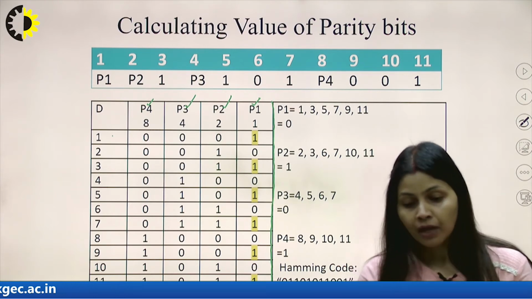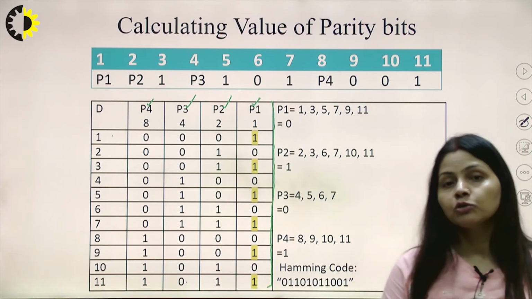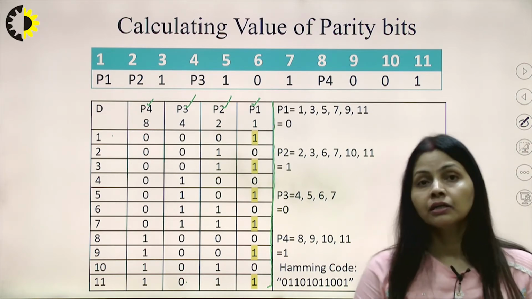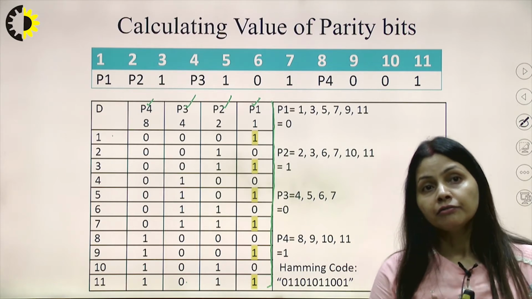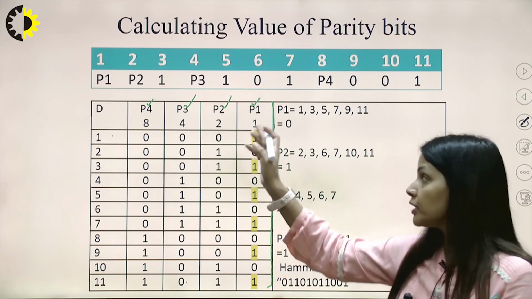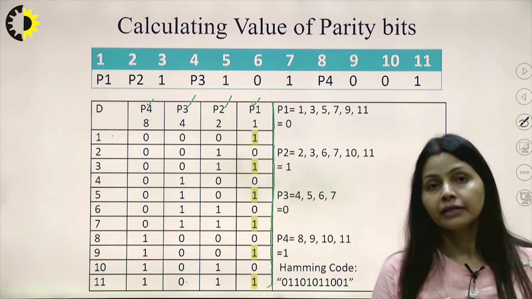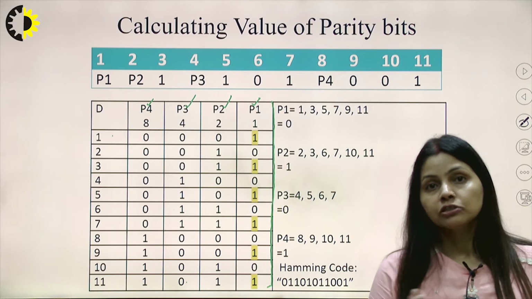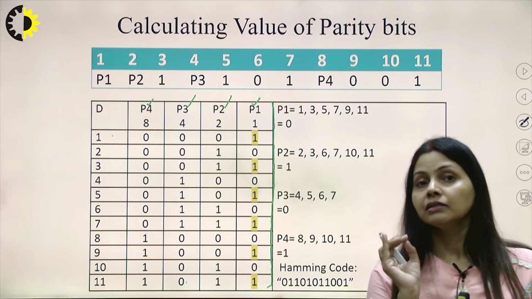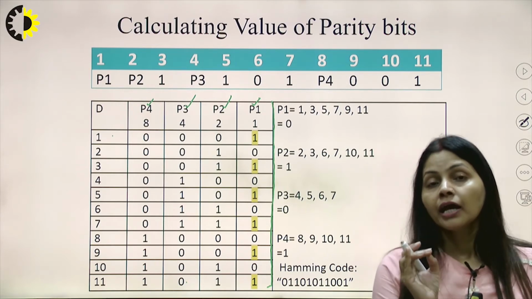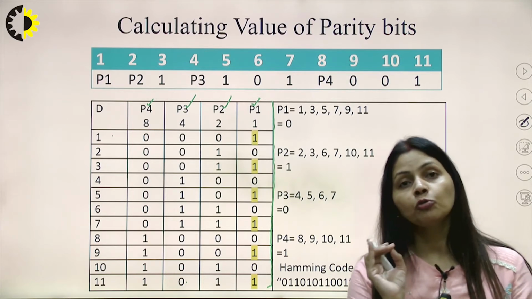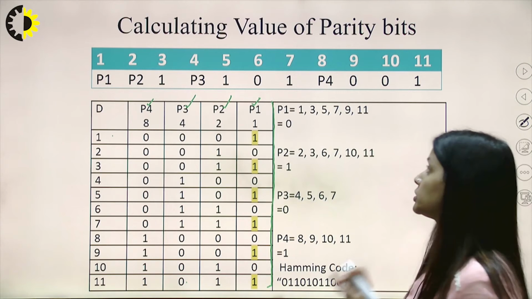After adding these parity bits to my original data bits, 1, 3, 5, 7, 9, 11 are the locations wherever I am getting 1 in the column, right? Putting all the values, I will then decide what to place, whether it is 0 or 1 in the P1 location, so that my parity is going to be odd or even. So I have two options here.